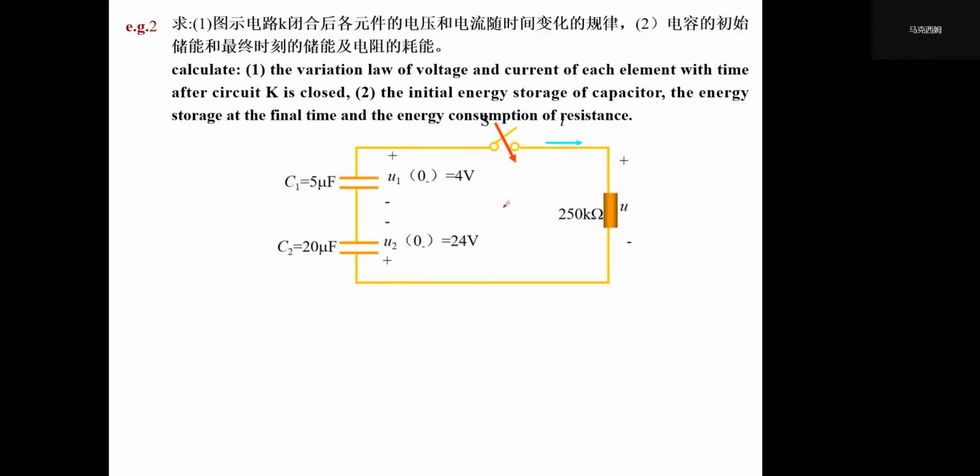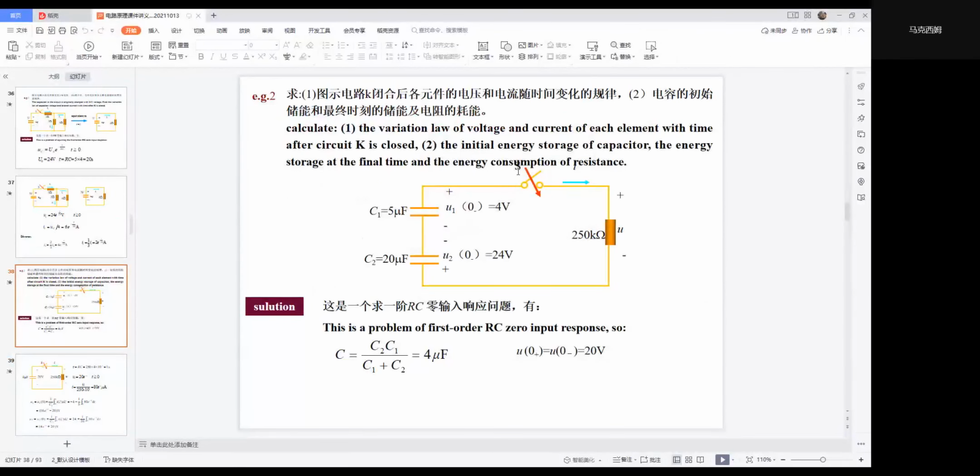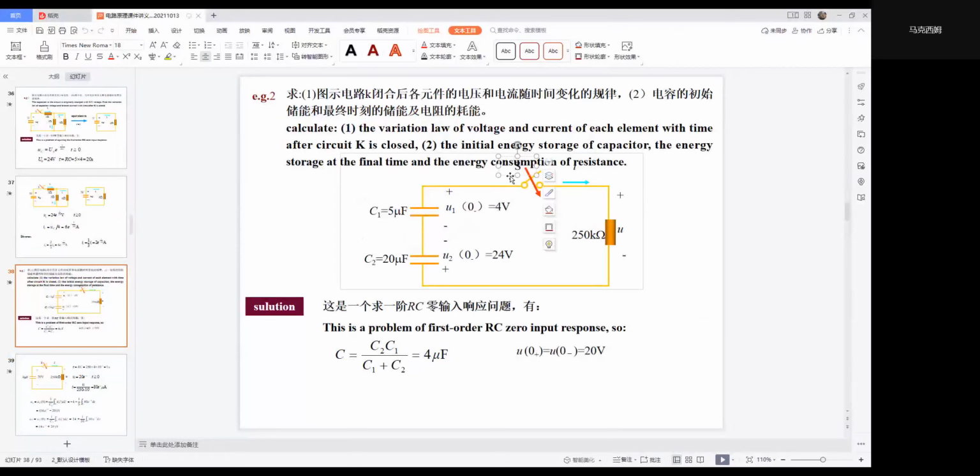We would like to know, once we close the switch, the current I. Okay, this one is too close to the text, right?